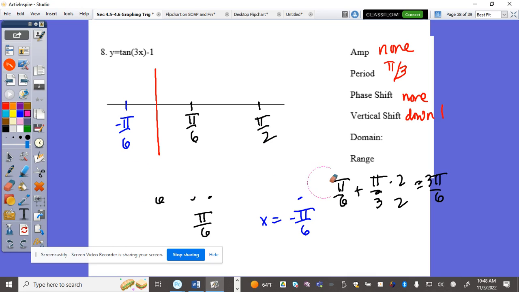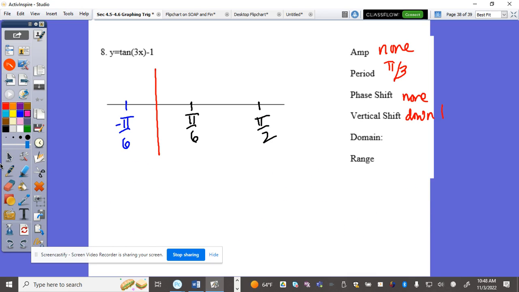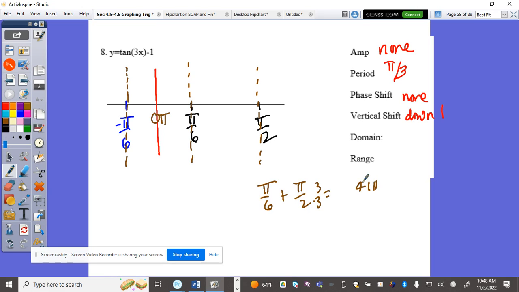All right, now we found those. Those are the asymptotes of your tangent. You know that the middle here is 0 pi. You can get the middle of that one by pi over 6 plus pi over 2, times this by 3 here. That will give you 4 pi over 6, which is 2 pi over 3.